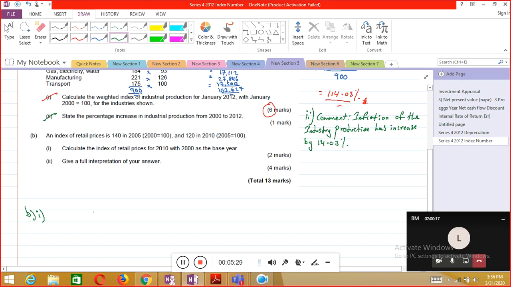So what happened here, let me put it here, B1: 2005 over 2000 times 100 and 2010 over 2005 times 100. This part goes here, this part goes here.